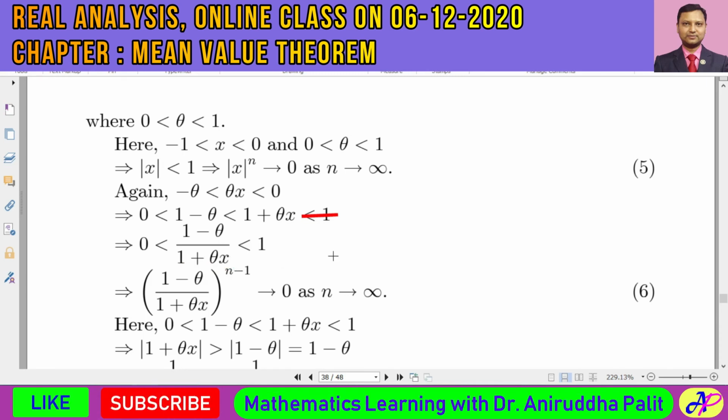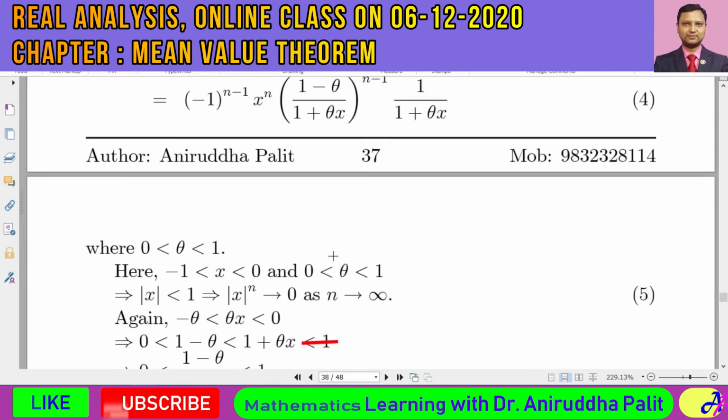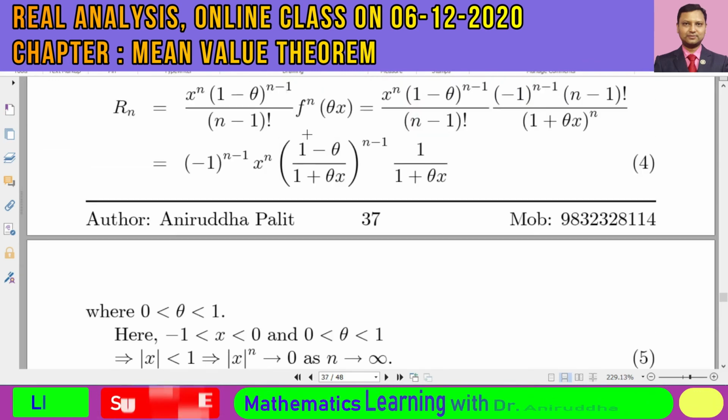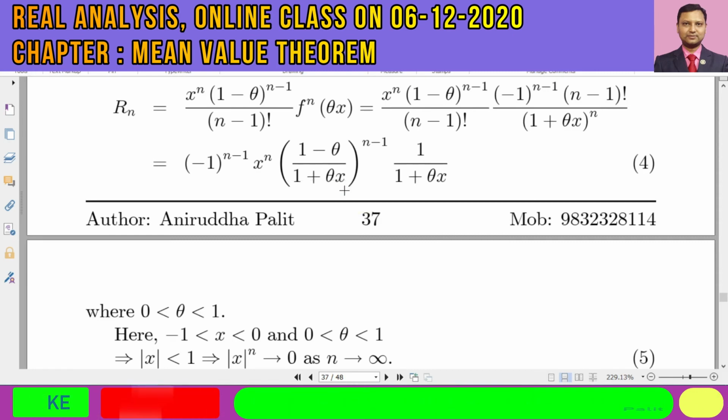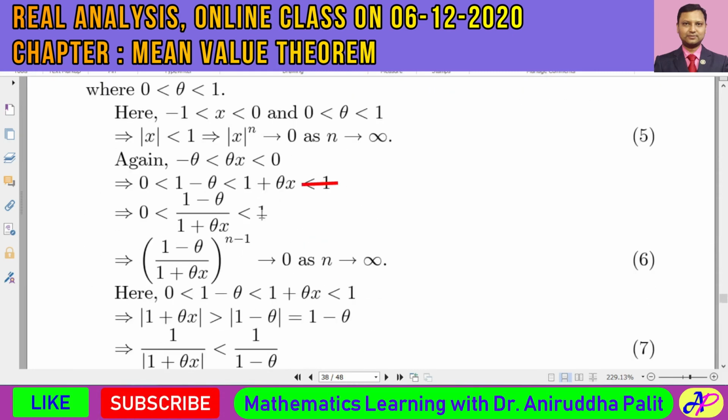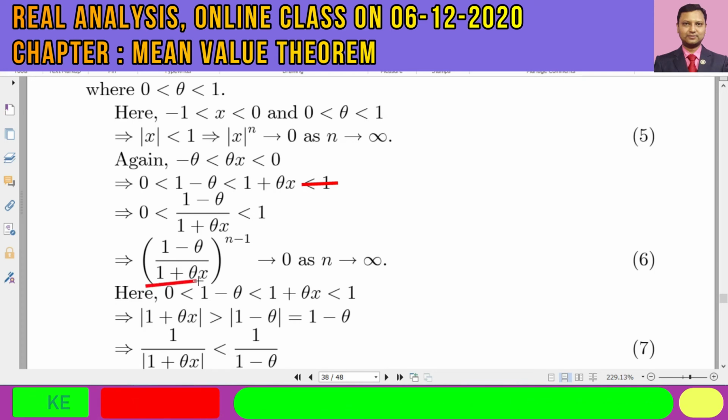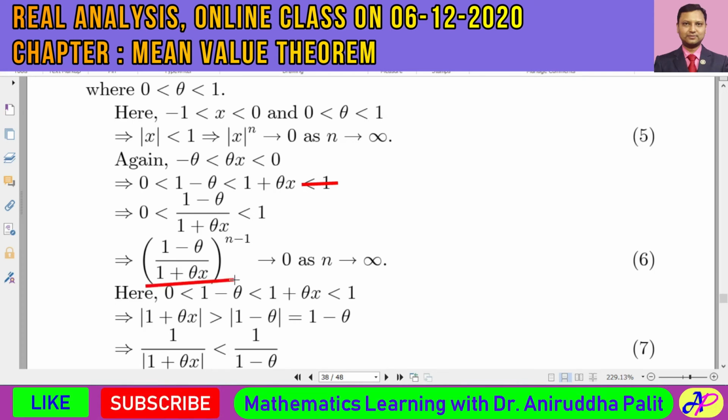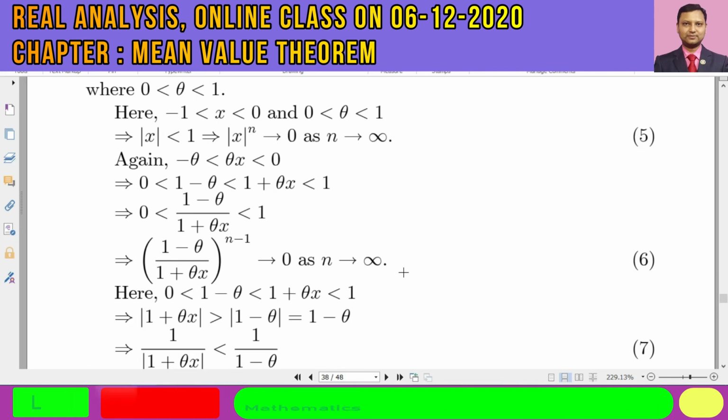We are making this expression because, just looking at this term, we had this kind of expression. That's why we wanted to generate the same kind of expression. Over here the upper bound is equal to 1 and the lower bound is equal to 0, and therefore you can say that over here as well, this quantity to the power of n minus 1 would ultimately tend to 0 as n tends to infinity. Got it?